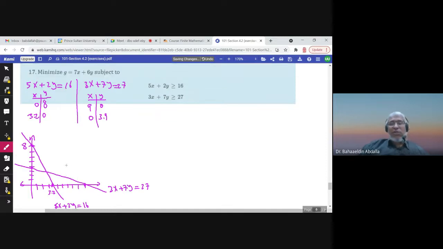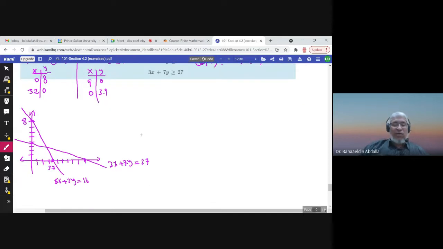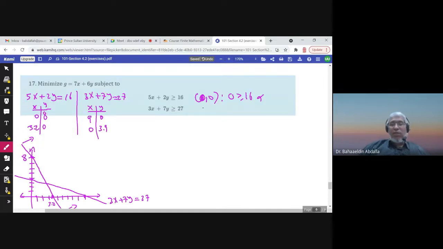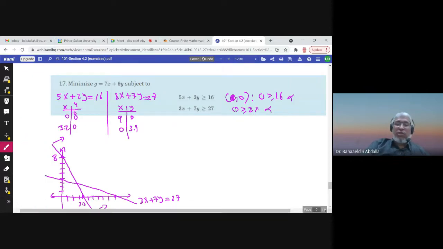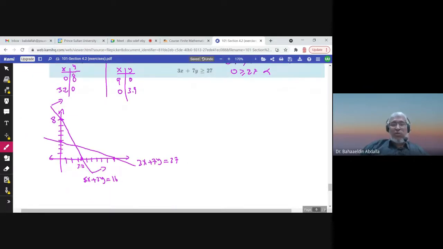Now let us check 0, 0. 0 plus 0 greater than or equal to 16. This is not correct. So for the line 5x plus 2y, the graph is above this line. And here 0 greater than 27. This is also not correct. So the graph is above this line.